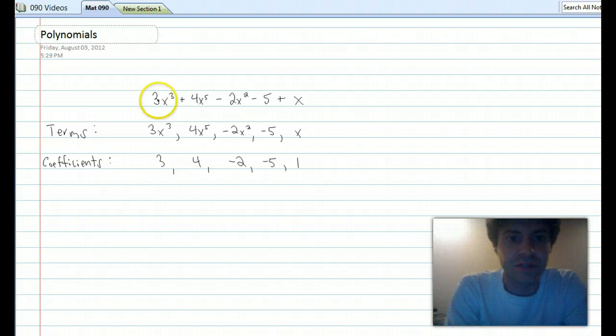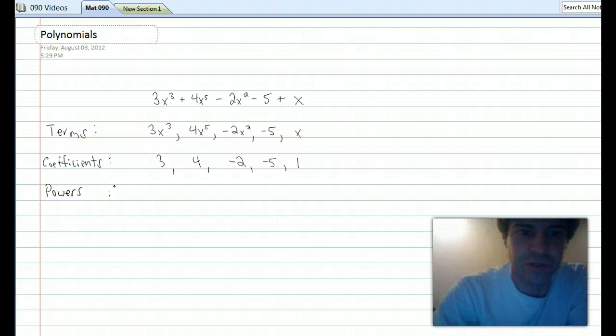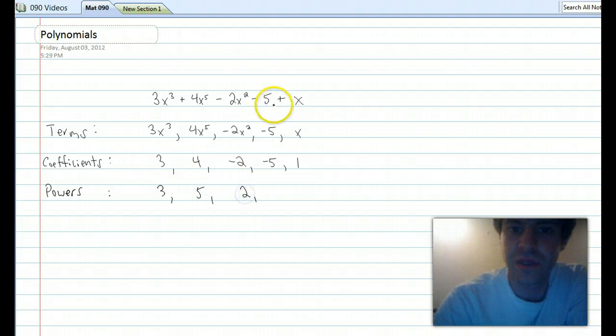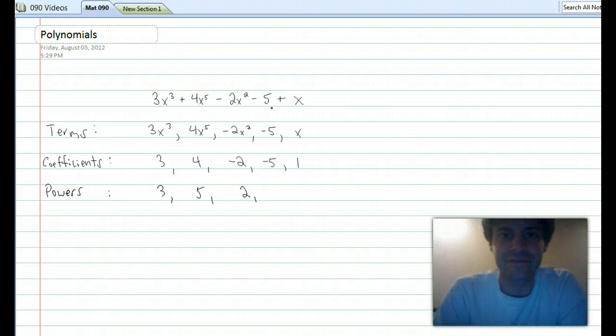On every one of these variables is a power. The power on x in our first term is 3. The power on x in our next term is 5. The power on x here is 2. What's the power on x in negative 5? Well, again, we don't write it in because it's unnecessary, but you could consider 5 to be 5 times x to the 0 power.